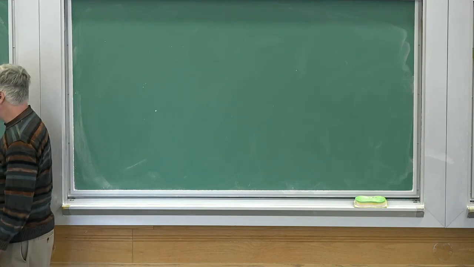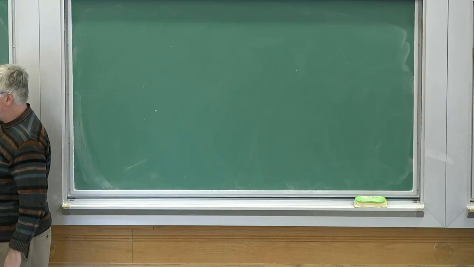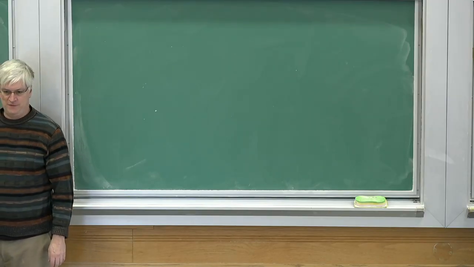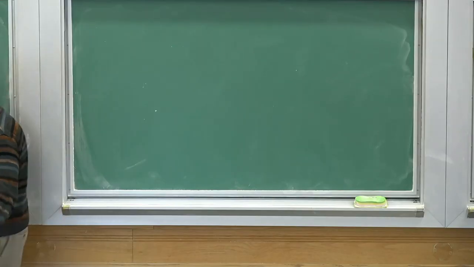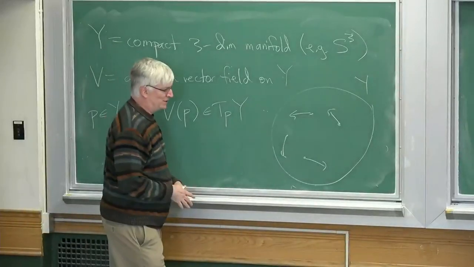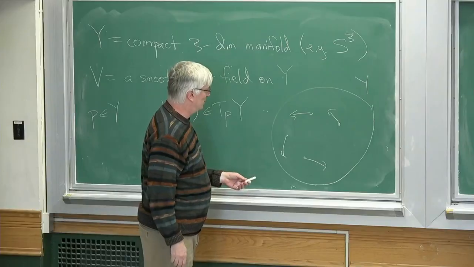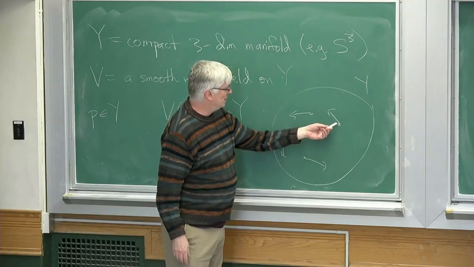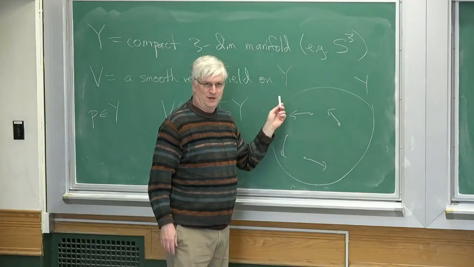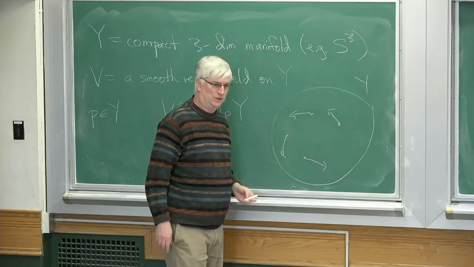You start at some point and move in time, and at any time your velocity vector is the vector V at that point. And one of the simplest questions you can ask is: can you start at some point, follow this vector field for some finite amount of time, and then come back where you started?